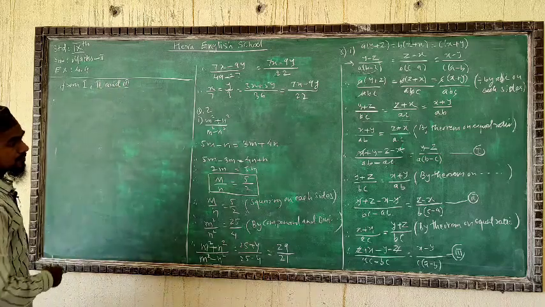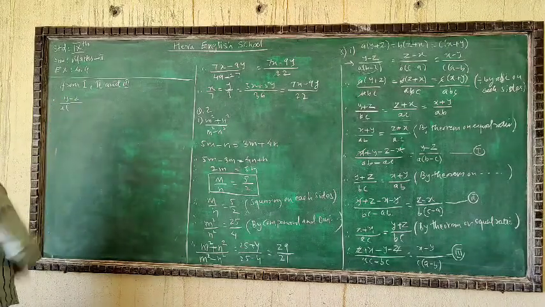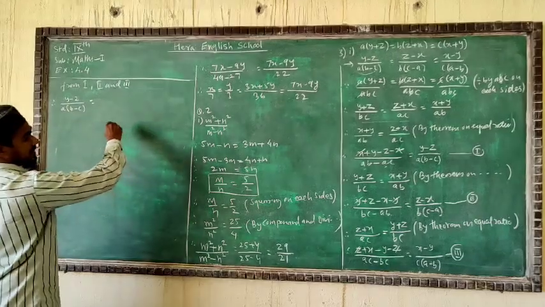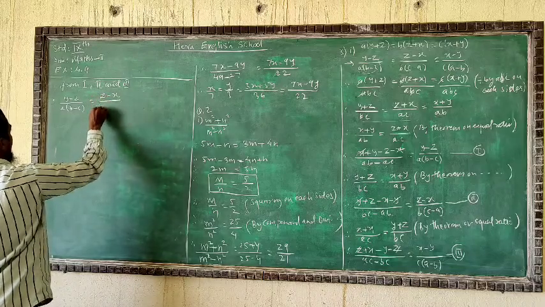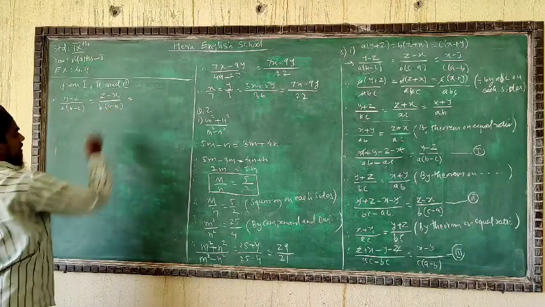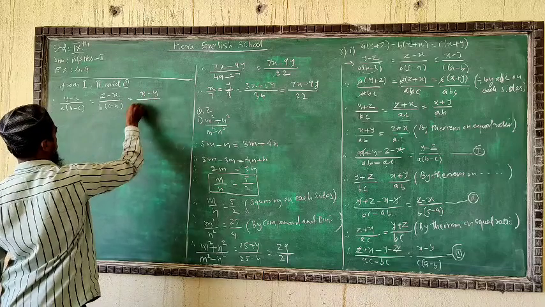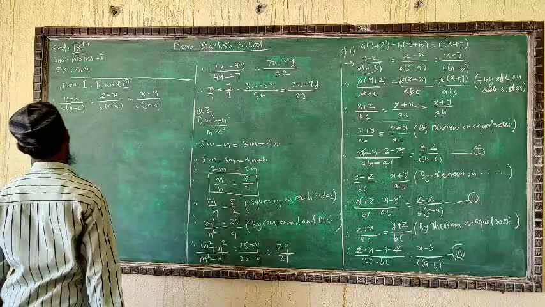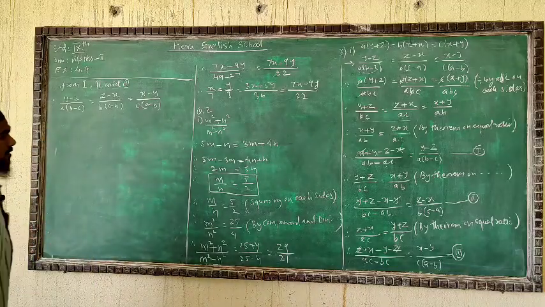From 1, 2, 3 we got y minus z upon a inside the bracket b minus c is equal to, next, the second thing, z minus x upon b inside the bracket c minus a. The last one, the third statement, x minus y upon c inside the bracket a minus b. This is what we have to prove. Now we got this one and hence proved this one.